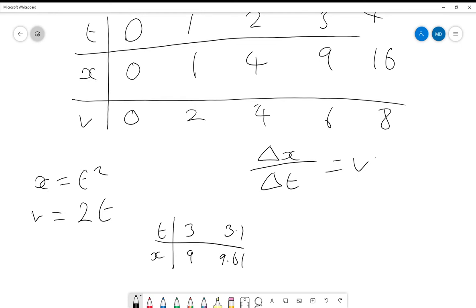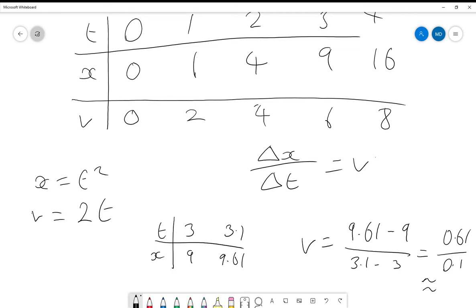And then we were going, well, my velocity should be my change in x, so 9.61 subtract 9, divided by the change in time, which was 3.1 minus 3. And that should come out as our velocity, or at least our average velocity over that time period. And so that gave us 0.61 divided by 0.1, which was approximately 0.6, not exactly 0.6, but almost 0.6.